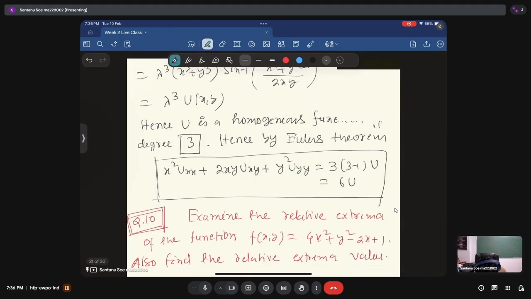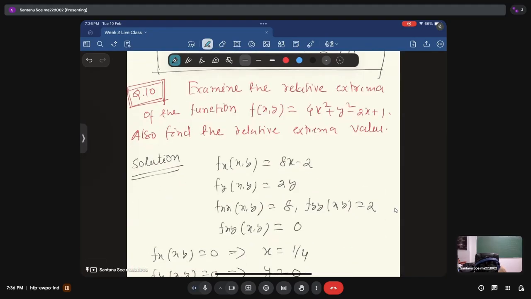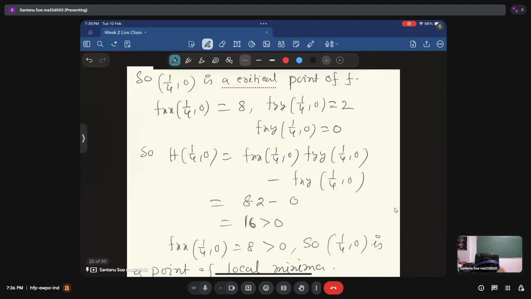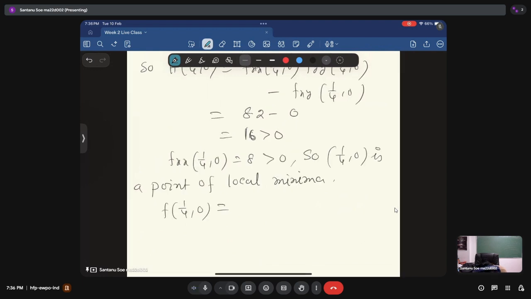So our f(x, y) was 4x square plus y square minus 2x plus 1. So this will be 4 times 1 by 4 square plus 0 square minus 2 times 1 by 4 plus 1.